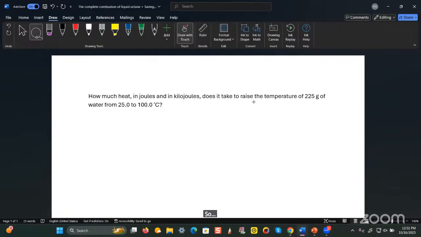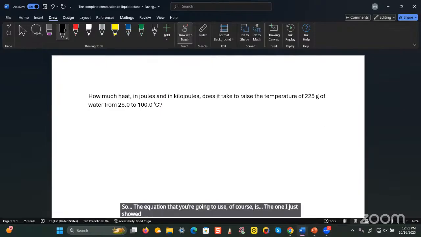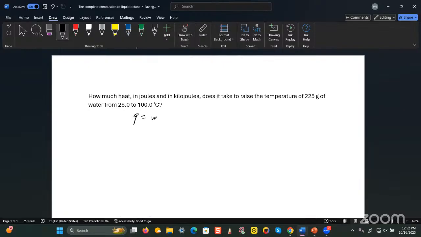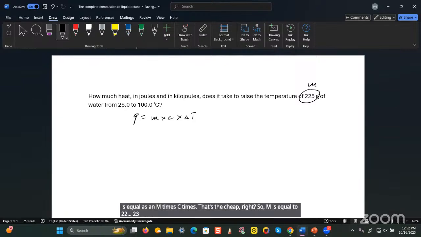So the equation that you're going to use, of course, is the one I just showed you, which is Q is equal to M times C times delta T, right? So M is equal to 225 grams.